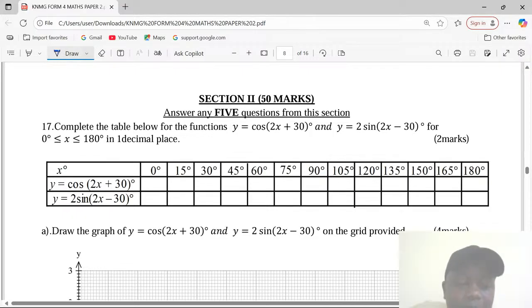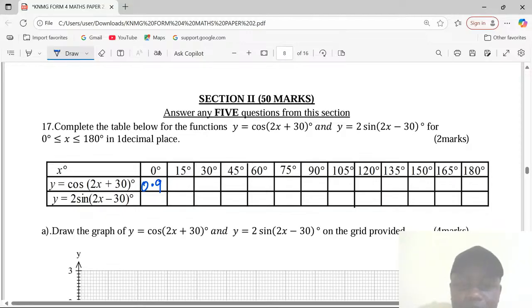For example, I just write cos, I open brackets, 2x. So 2 times 0 is 0, then plus 30. So the cosine of 30, 0.866. But I want it in one decimal place, so 0.9.